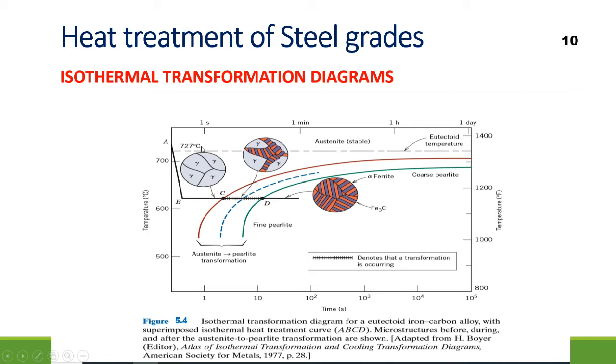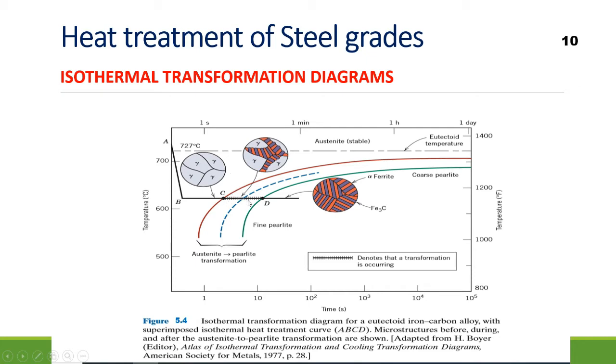But above 727 degrees Celsius, it's completely stable. There will be no transformation at all. It's above the eutectoid temperature, but below the eutectoid temperature, yes, some transformation will take place.